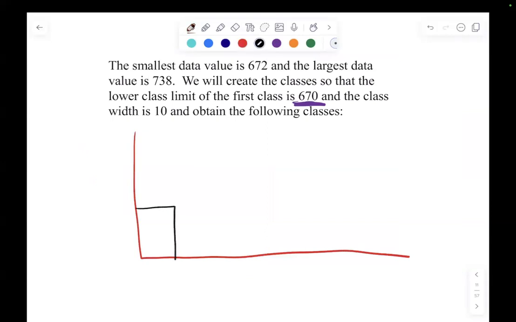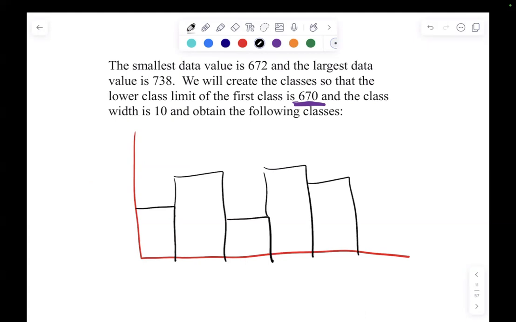So if I have this histogram right here, and this is just made up, this is the way they're going to be in MyOpenMath when you're doing your homework. So this would be 0.